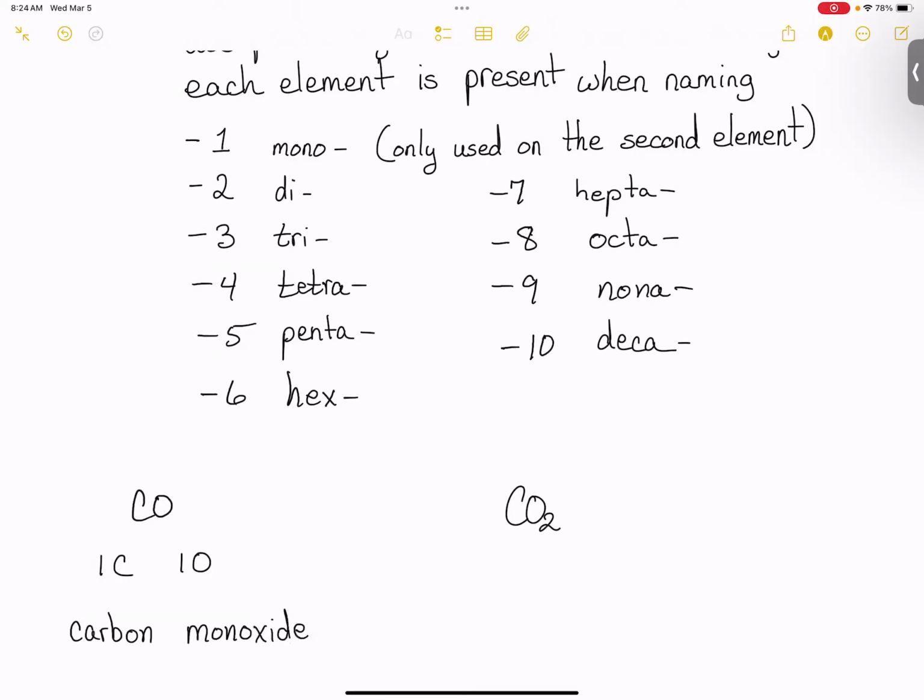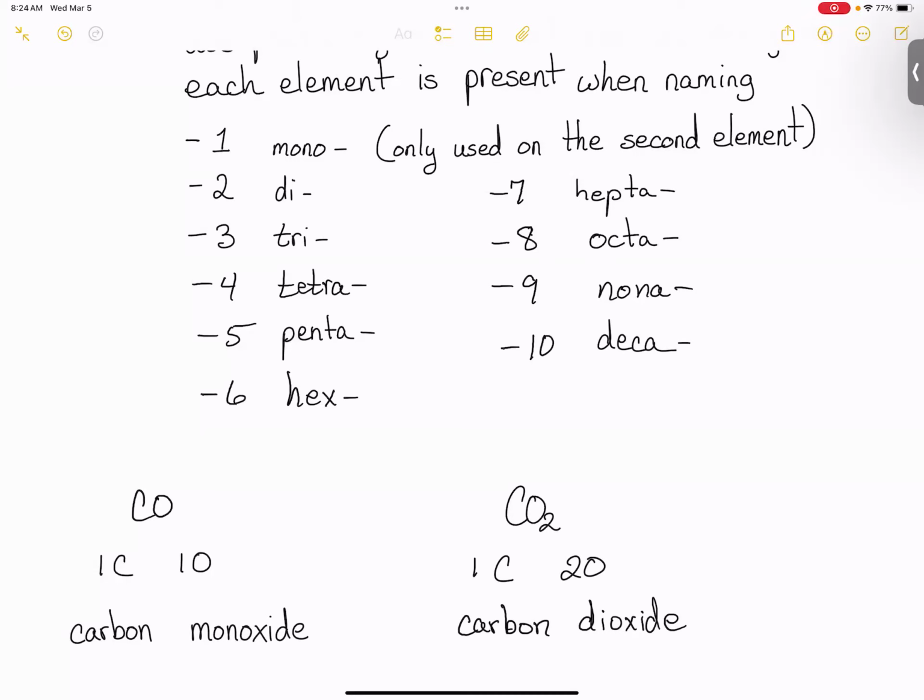So CO is carbon monoxide. In my second example, there is 1 carbon and 2 oxygens. The prefix for 1 is mono, but we don't use mono on the first element. So again, this is carbon. And there are 2 of the second element, so it is dioxide.